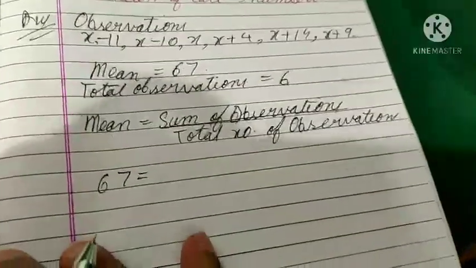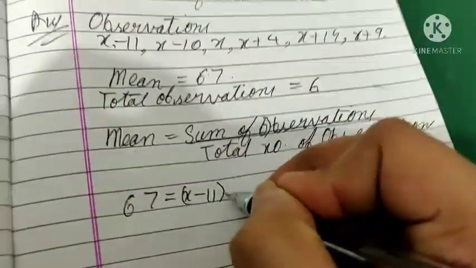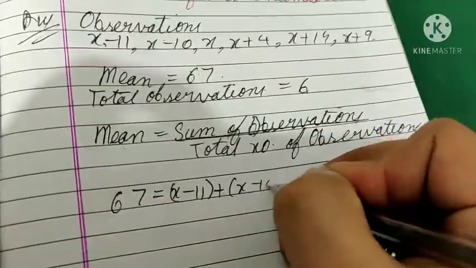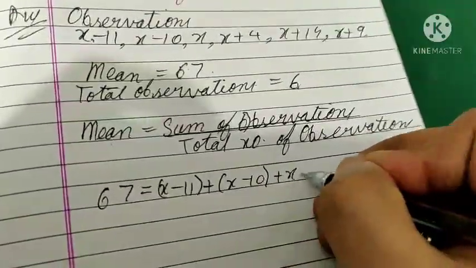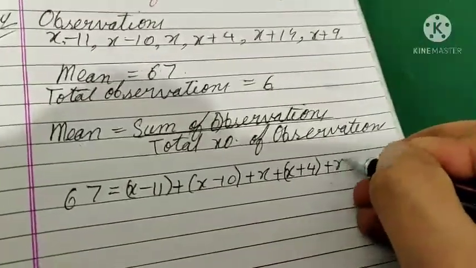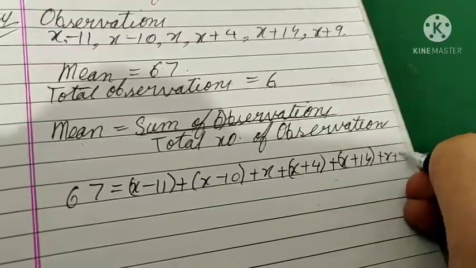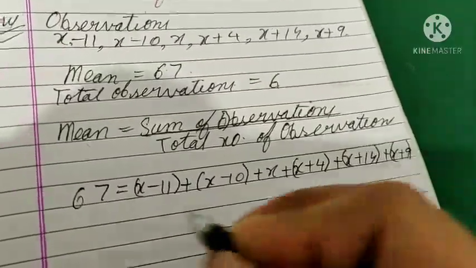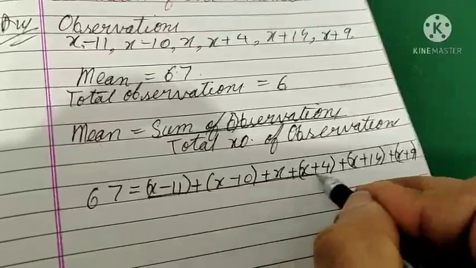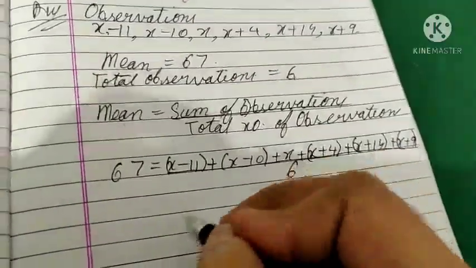What will be the sum of observations? Sum of observations will be x minus 11 plus x minus 10 plus x plus 4 plus x plus 14 plus x plus 9, upon total number of observations, which is 6.